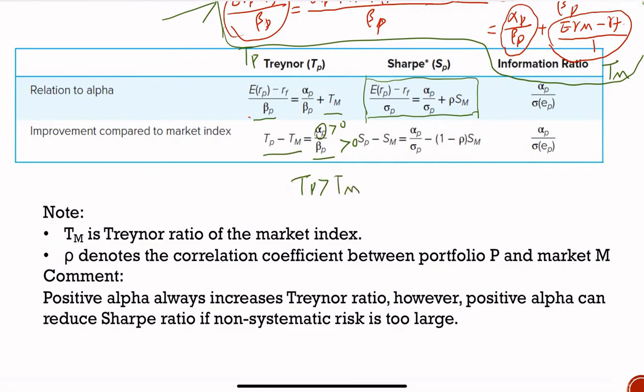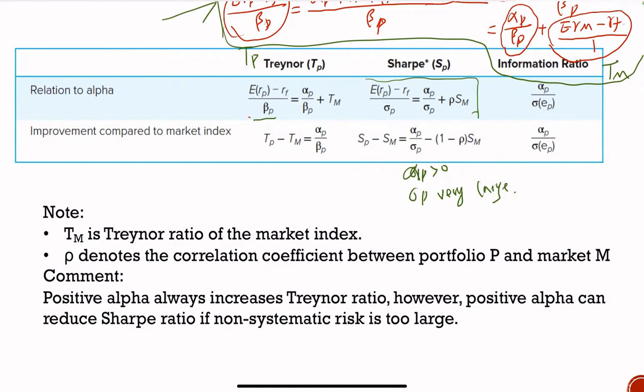However, you can see that positive alpha can actually reduce Sharpe ratio compared with the market, right? So if, let's say, alpha P is larger than 0, but sigma P is very large, then you can see that the right-hand side could be potentially negative.